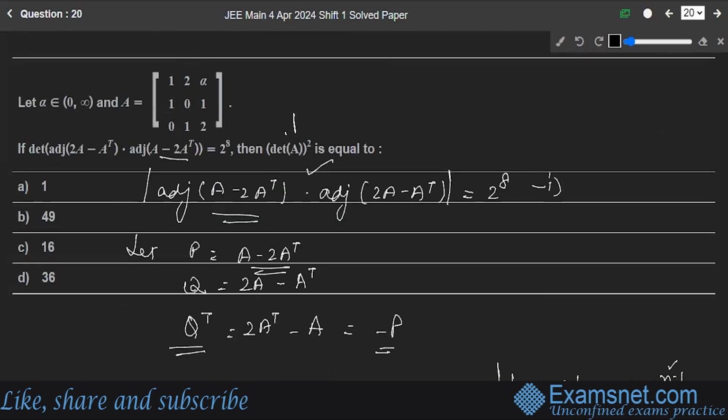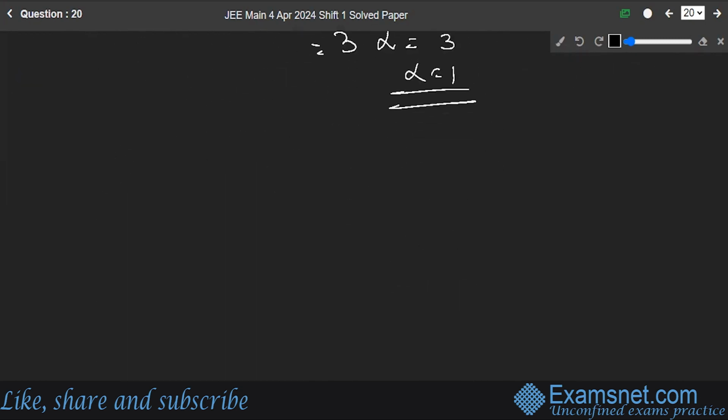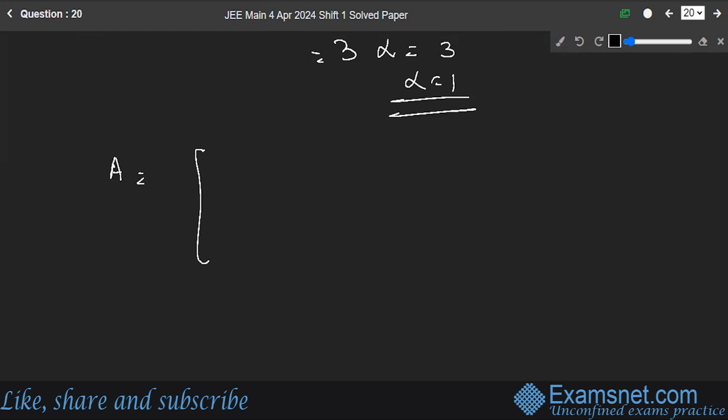Now let's see what I have to find out. Determinant of A square. Let's fill in the value of alpha in A. So now your A matrix becomes 1, 2, 1, 0, 1, 0, 1, 0, 1. Let's find out the determinant of this matrix.